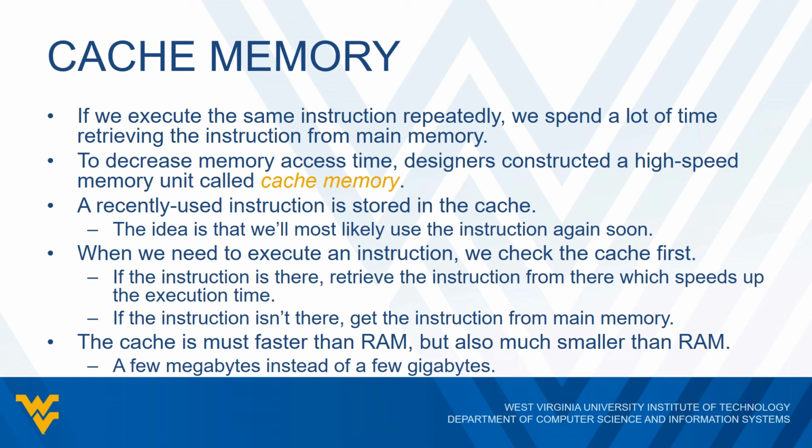So we can store a lot more stuff in our RAM than we can in the cache. So we can't put everything in the cache, but we can put the most recently used stuff into the cache, and then we can just check it. And as we execute more instructions, we can update our cache and maybe overwrite some stuff. The idea is just to keep storing the most recently used instructions and data in our cache, so that we can speed up our programs if we do encounter that same stuff pretty soon.